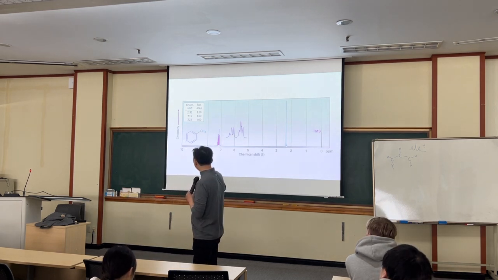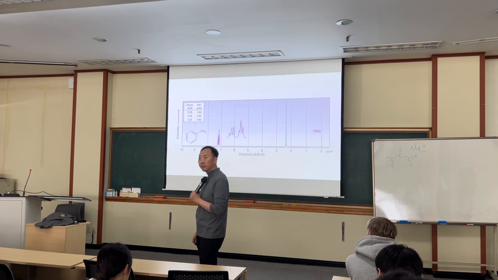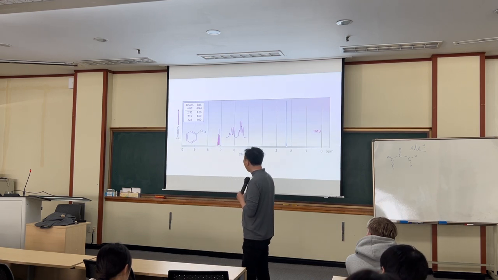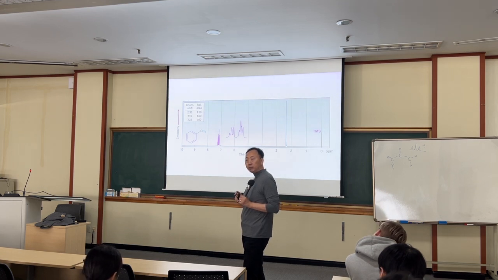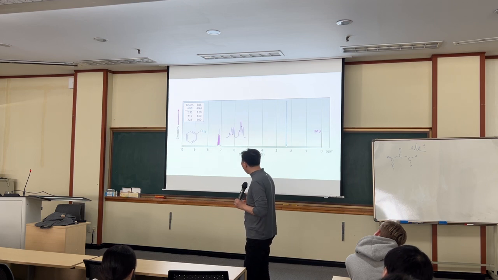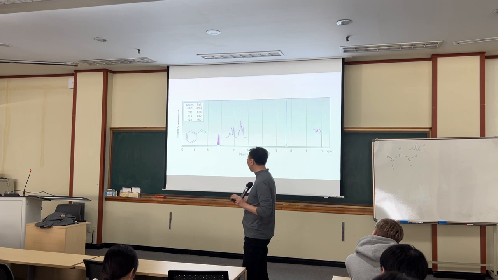And this one is coupled with this, and this one is coupled with this. That's why it looks like a little complicated pattern. But if you analyze them, what pattern will this one give you? Doublet, triplet, quartet? It has 1 proton here, 1 proton here, 2 protons there: triplet. This one will give you a triplet, so you can find 1 triplet here.